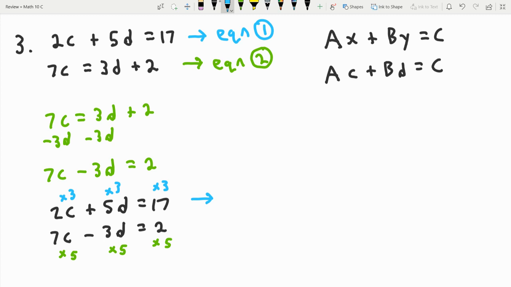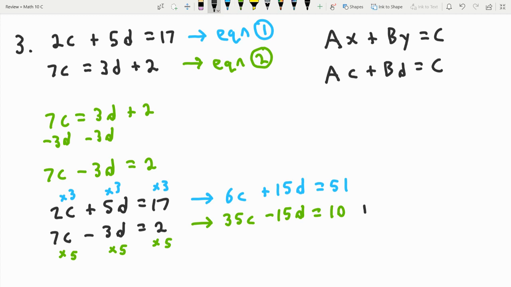So for the first one, 2C times 3 is 6C, plus 5D times 3, which is 15D, and that equals 17 times 3, which is 51. Now for my second equation, I have 7C times 5, which is 35C, negative 3D times 5, which is negative 15D, and that equals 2 times 5, which is 10.